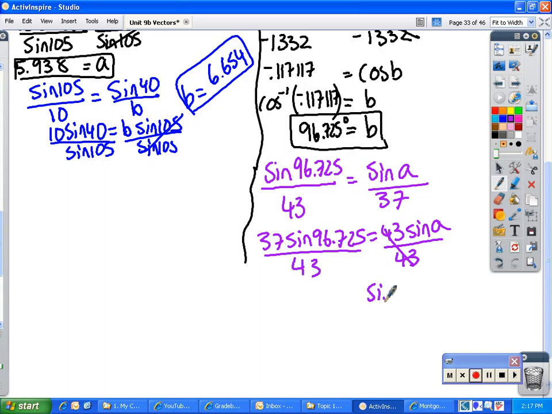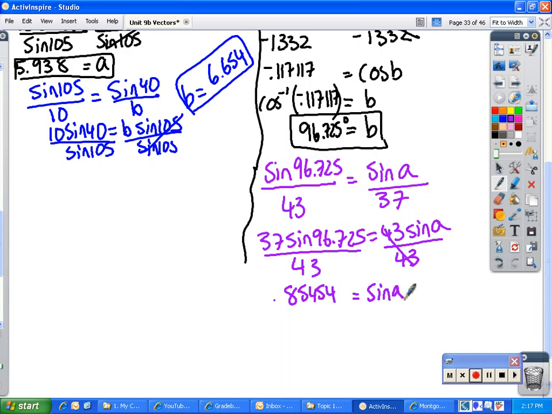That tells me that the sine of A equals, and I'm going to type all this in my calculator, 37 sine 96.725, close that parentheses after that sine, divided by 43 equals its crazy little decimal, 0.85454, and so on.